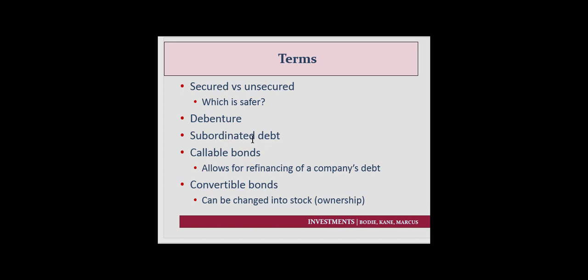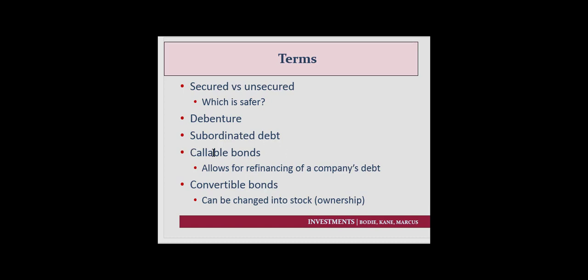Subordination. When bonds are issued, how do we pay them off? For instance, what if a company goes bankrupt? Who gets paid first? The first people that get paid are the secured holders. Those assets that are collateral are sold and then that money is used to pay off that debt. But everything else is referred to as subordinated, sometimes also referred to as junior debt.